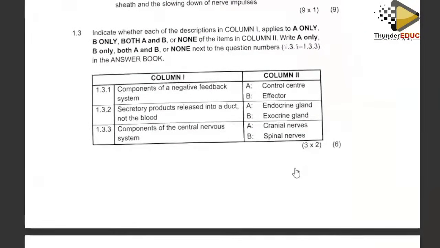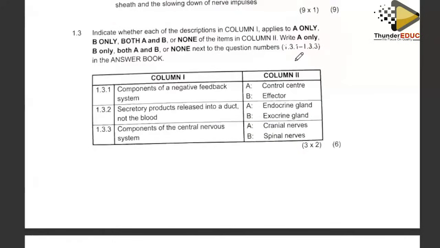So when you go to 1.1, 1.3, which is both A and B, let's see how you performed. Many people here make a lot of mistakes in giving the answer. For example, they ask you 1.1.1.3.1, then they just write control center, or they write effector, or others just write A, and others write B, both, or just A and B. You're not following the instruction.